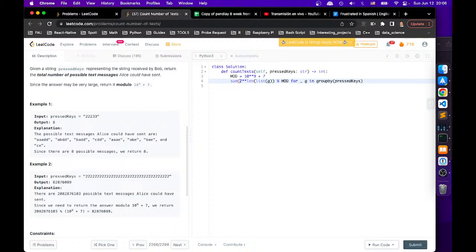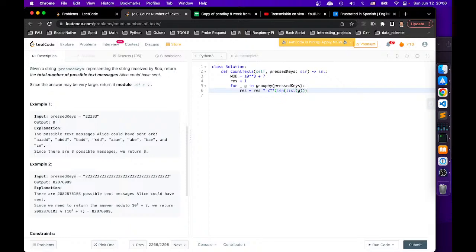And we are going to sum the whole thing. No, we are not summing the whole thing. Our Gordy monstrosity, not gonna do this. So for this in this, all right, res equals 1, and then we'll say res times equal to, no, equal to res times something, 2 to the len list g, right?